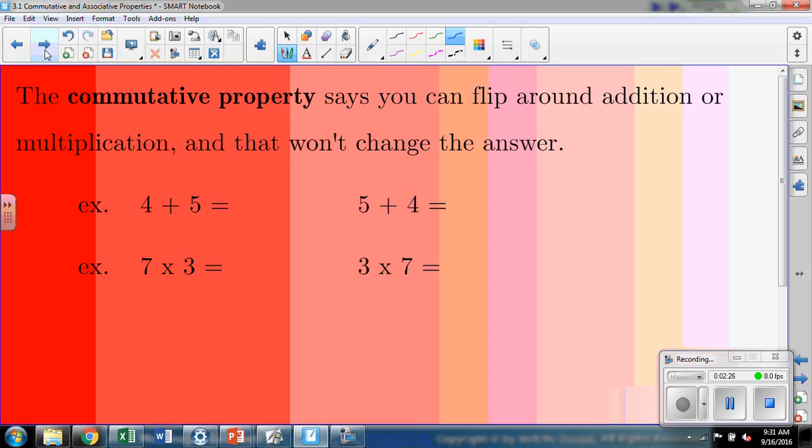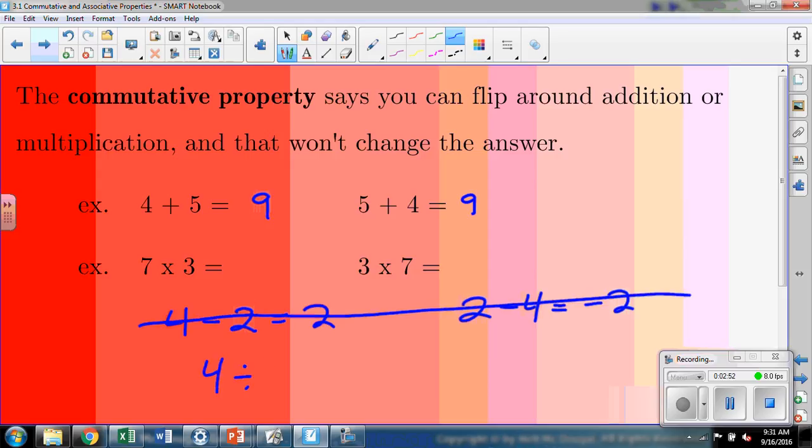Subtraction does not work. For instance, if we tried to do something like 4 subtract 2, that would be a positive 2. And if you switched it around, it would wind up being a negative answer. So there is no commutative property for subtraction. It does not work.